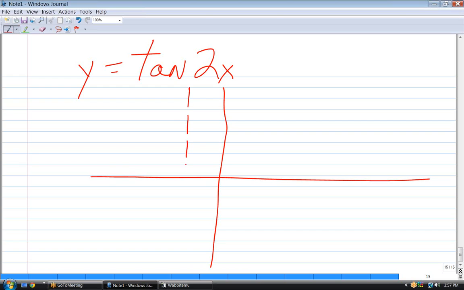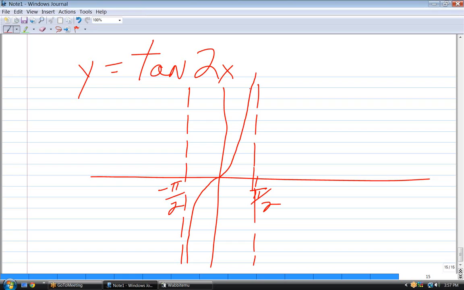We know tangent of x goes from minus pi over 2 to pi over 2 with a period of pi. These are its asymptotes, and I know it's always increasing, so it looks like this. And there's one other point that usually is not put on here, but it should always be, and that's pi over 4, because that's where it's equal to 1.